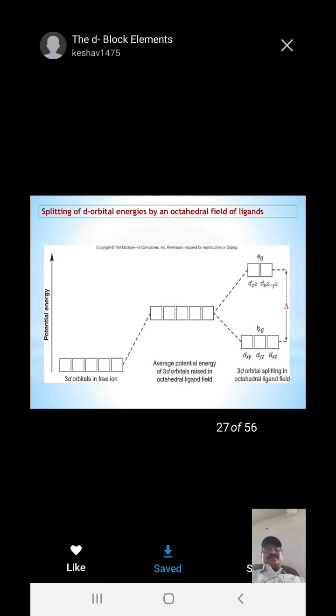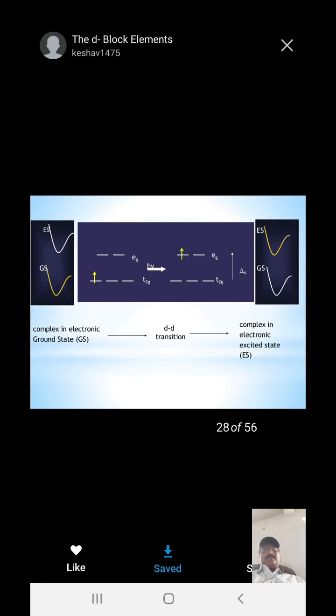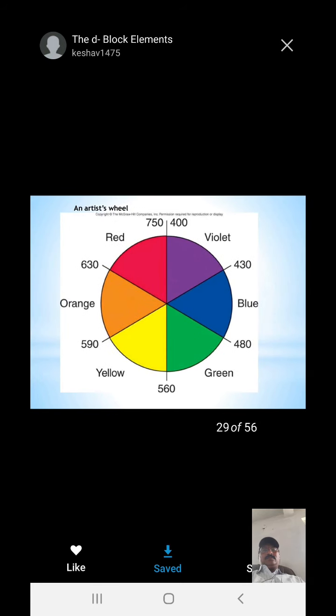Whenever the ligand approaches the metal ion, the d orbitals are split into two types, some with low energy, some with high energy. Then the electron present in a lower energy d orbital, by absorbing some energy, is excited to a higher energy level. Due to this, they show color properties.